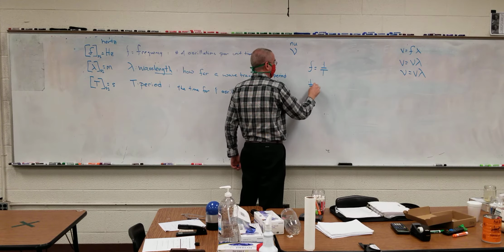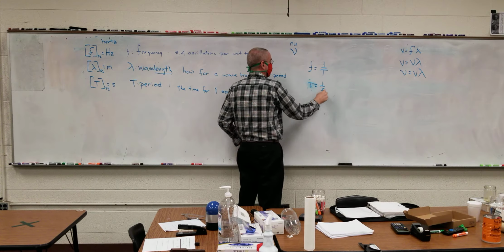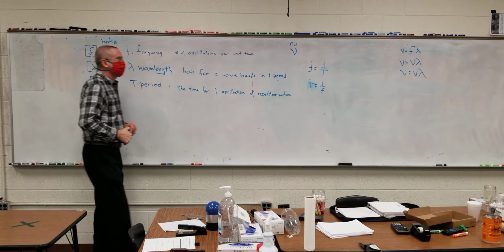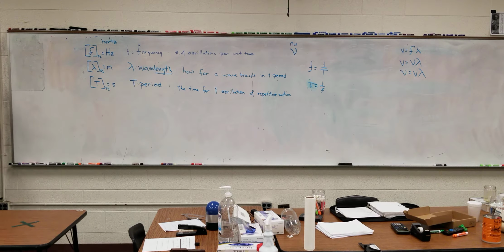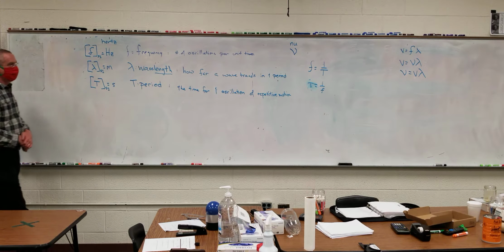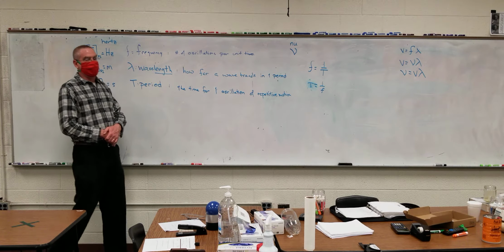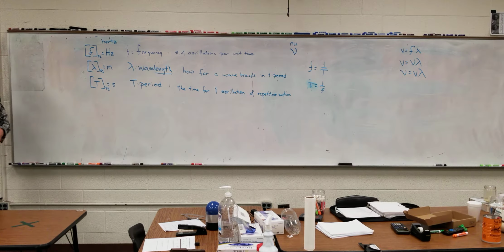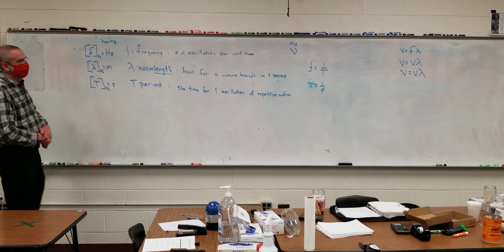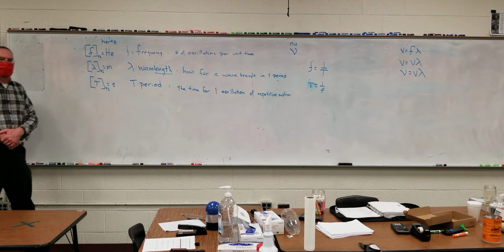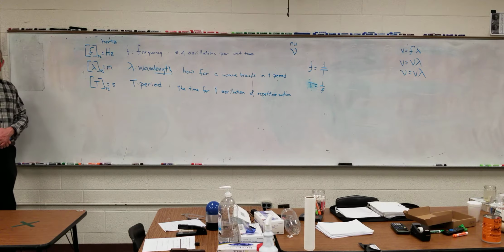Or period is equal to 1 over the frequency. Or using the math lingo, they're reciprocals of each other. Using longer math lingo, they're multiplicative inverses of each other. Using the inverse relationship lingo, frequency times period equals 1.